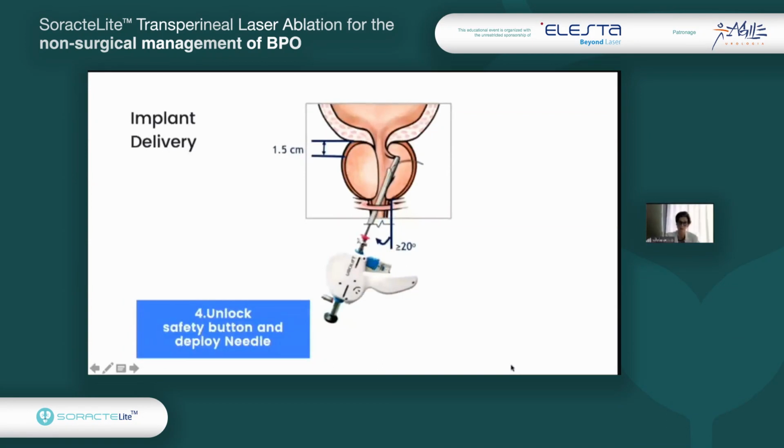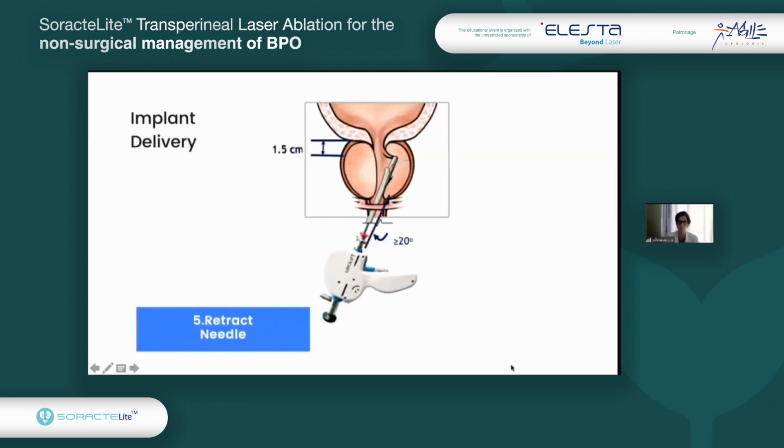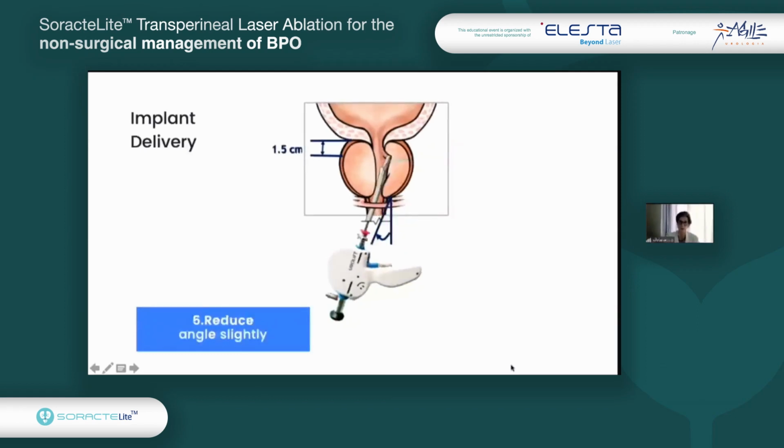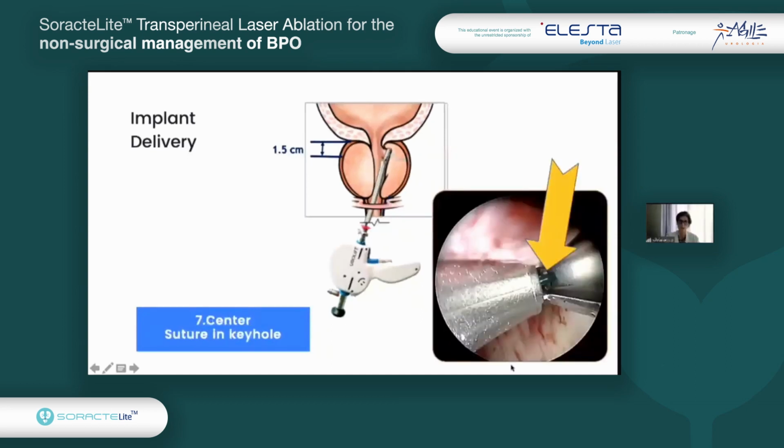Then we unlock the safety button and press the other button to deploy the needle. After that, another button allows us to retract the needle so we can reduce the angle slightly going through the prostatic lobe.